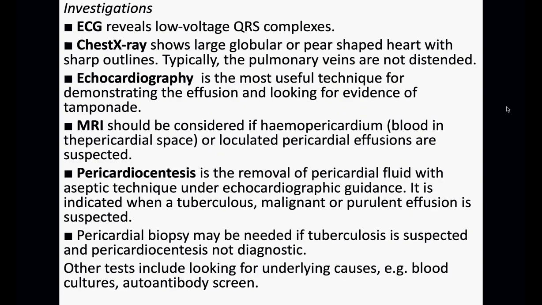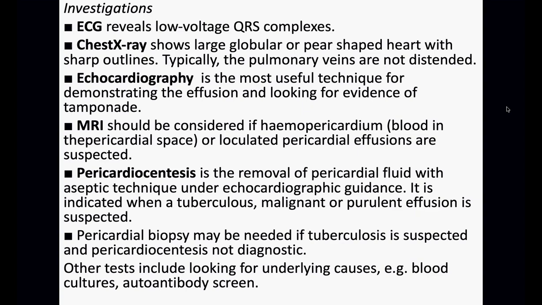Investigation: ECG shows low voltage QRS complexes in patients with pericardial effusion. Chest X-ray shows a globular, large, pear-shaped heart with sharp outline, and pulmonary veins are not distended. Echocardiography is the most useful technique for demonstrating effusion and looking for evidence of tamponade.